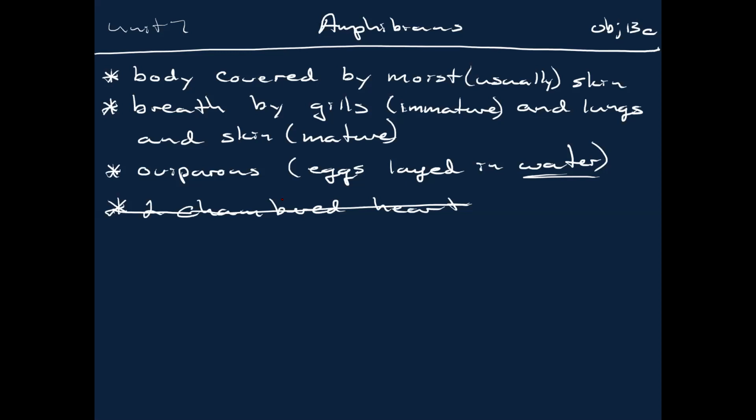Amphibians are oviparous. Notice that their eggs are laid in water. This is a big deal to the evolutionist because in order for life on land to evolve, according to the evolutionists, two things had to happen. First of all, animals had to learn how to breathe air, or accidentally develop the ability to breathe air.